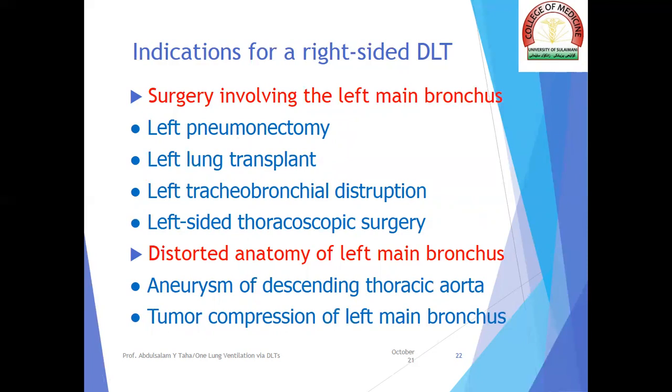The second indication for a right-sided double lumen tube is distorted anatomy of the left main bronchus, such as in aneurysm of the descending thoracic aorta, and when there's a tumor compressing the left main bronchus.